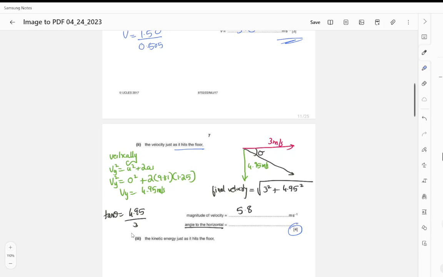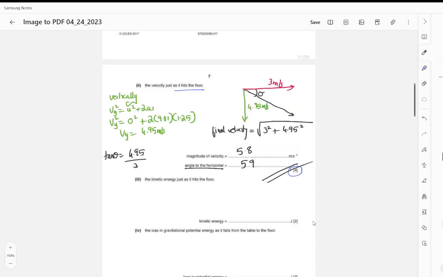So tan inverse of 4.95 divided by 3, bracket closed, gives 58.7, which I'm rounding off to 59. Let me do it again: tan inverse of 4.95 divided by 3 gives a value of 58.78. So let's round it off to 59. Okay, so this is also done.